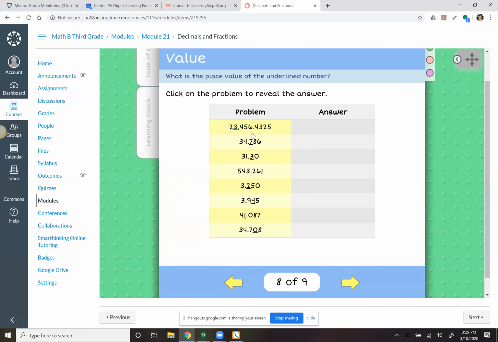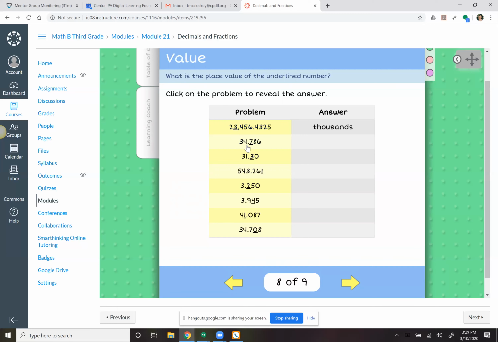Look at your chart. So put your finger on the decimal and then go 1, 2, 3, 4 over. In the thousands place. In the thousands place.